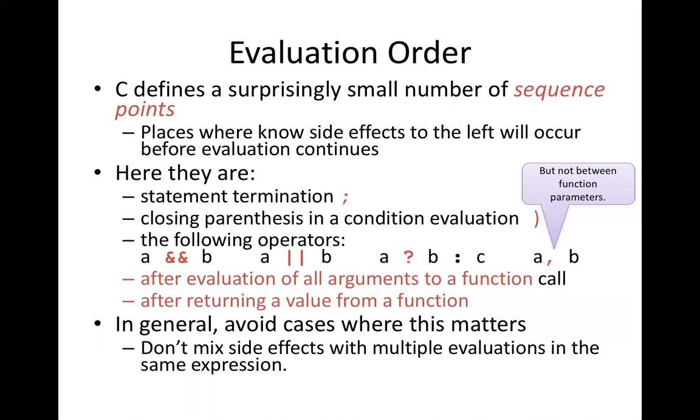There are a few places where the compiler does make guarantees about evaluation orders. And that's what we call a sequence point. A sequence point is a place in your code that we can point to, and we can say, at this place in your code, all the expressions that come before this, any side effects they have will have already taken effect before the stuff after it.